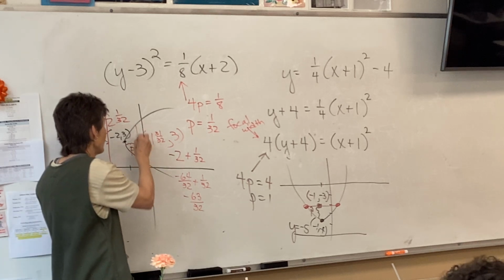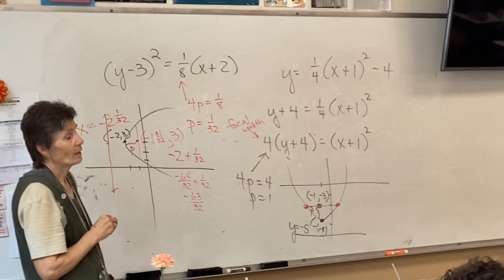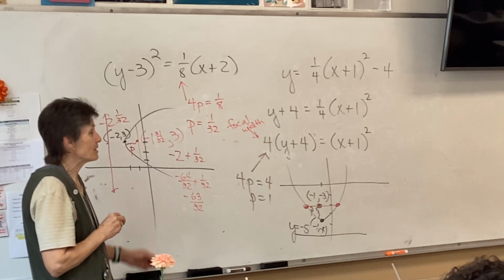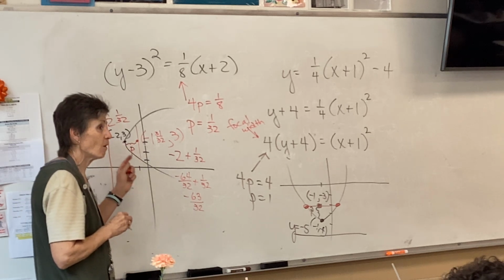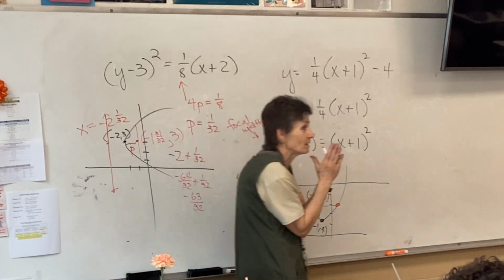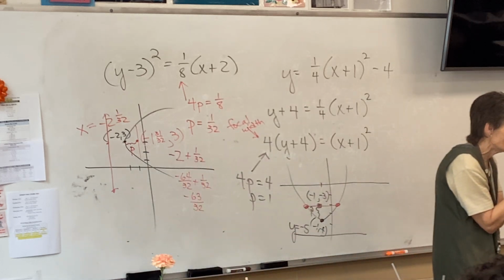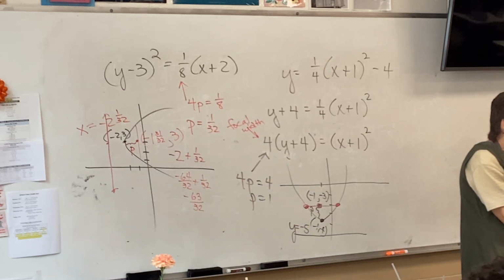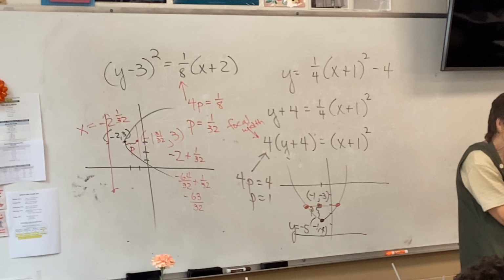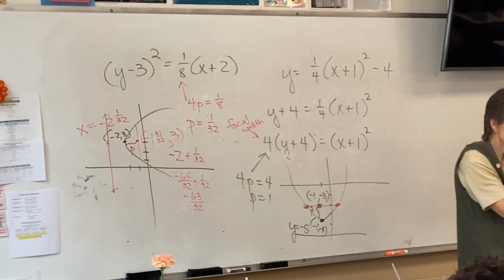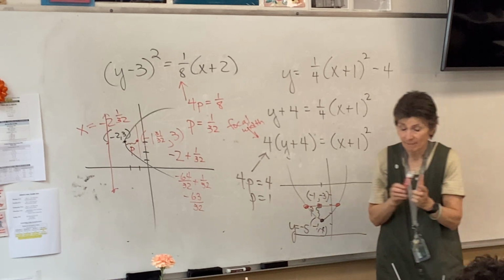How long is my focal width? 1/8. So I know we didn't go back and forth very far, but that's because this parabola is extremely skinny. It's only 1/8 wide, so it is very, very thin.